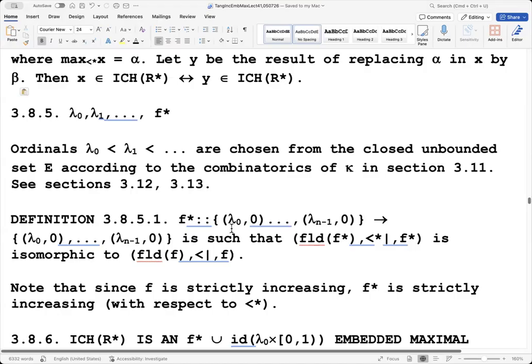We take f star to be this map, which is a unique map, so that it's isomorphic to our original function. You see? So we've now lifted the whole problem up to the transfinite. We solved the problem.